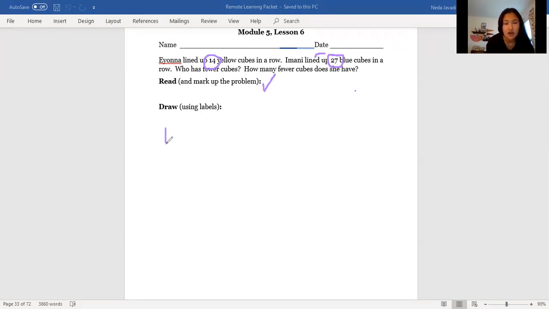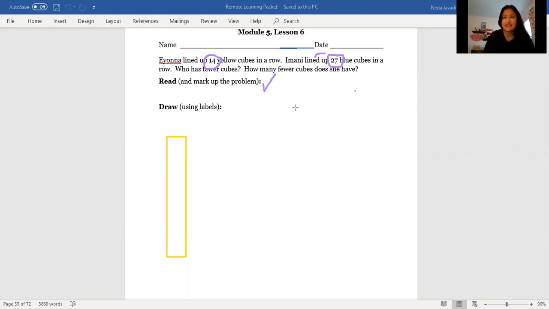So I'm going to draw Iana's cubes. Actually, I'm going to draw Iana's cubes in the color yellow, since that's what it says her cubes are. So here's Iana's cubes. That doesn't look very nice. Let's try again. Here's Iana's cubes. And Imani has blue cubes.